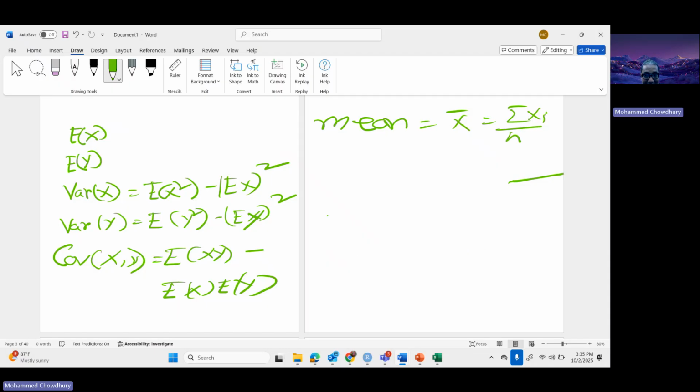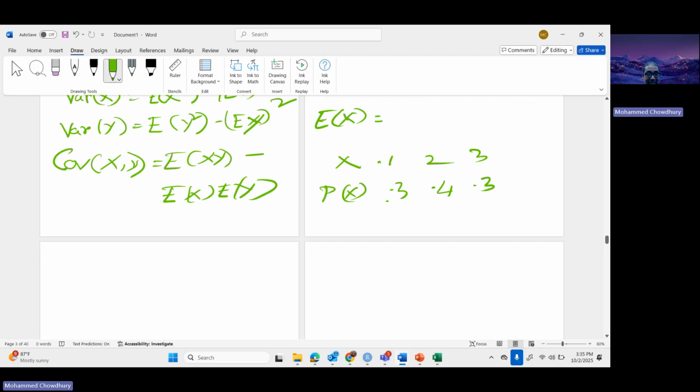And expected value you can only compute when you are given x equal to 1, 2, 3, and the probability of x given as 0.3, 0.4, 0.3, right? In that case, the random variable 1 is appearing with probability 30%. The value of the random variable 2 is appearing with probability 40%. Then you can find this.